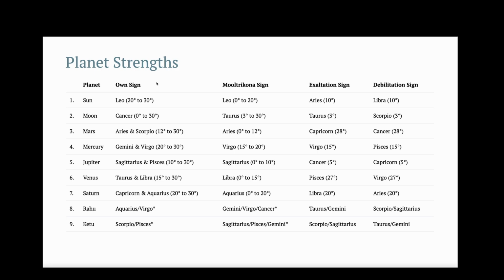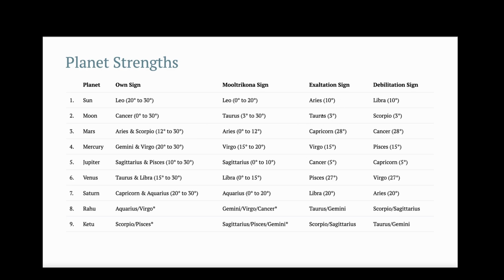Now let's look into the planet strengths. I have already discussed the planet strengths in my previous video. This table is just about the planets that rule different signs and the Mool Trikona sign of each planet, and also we'll see the exaltation and debilitation sign of each planet in this table.